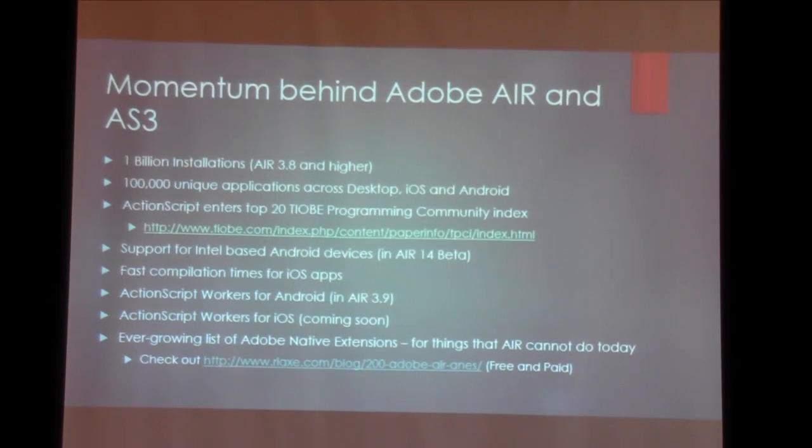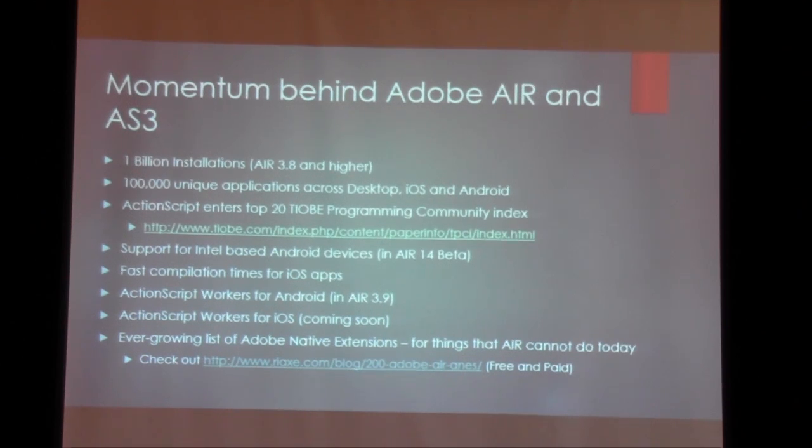Adobe Air is a framework that gives your ActionScript code access to the device's functionality, the camera, accelerometer, and all those things. There are quite a few functionalities that Adobe Air does not support out of the box. But there is a framework called Adobe Native Extensions. In essence, you write an ActionScript wrapper and you write two different implementations, one for iOS in Objective-C, the other for Android in Java.